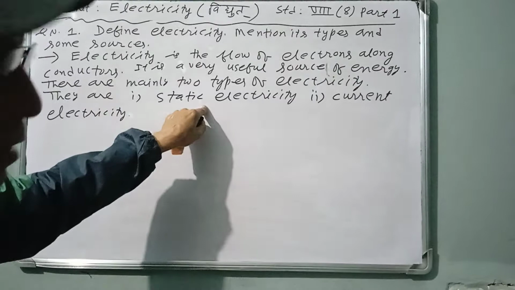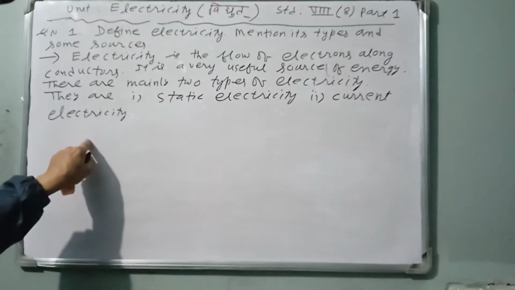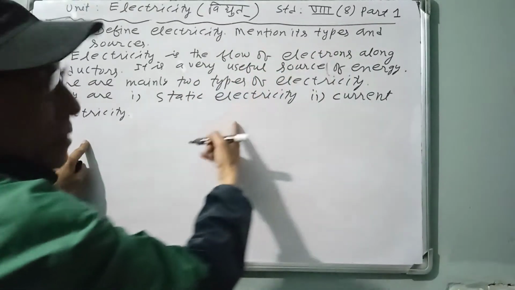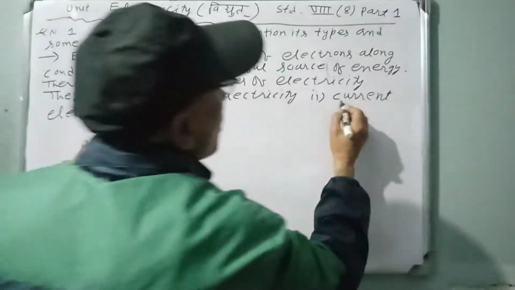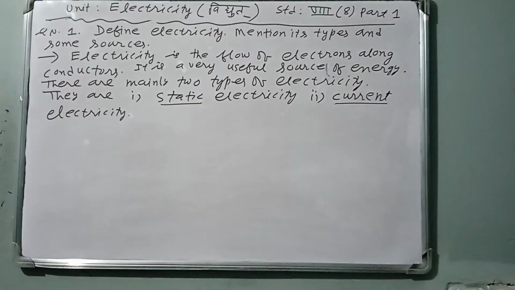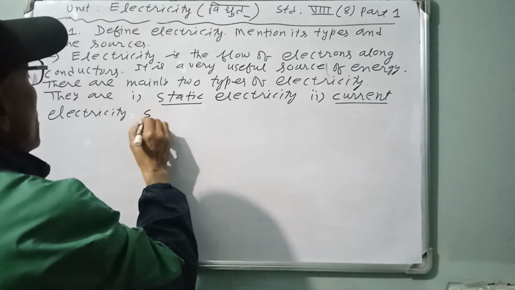The static electricity which does not flow is less useful. And current electricity which flows is more useful. Types: static electricity and current electricity. And can you name some of the sources, objects which provide us electrical energy?